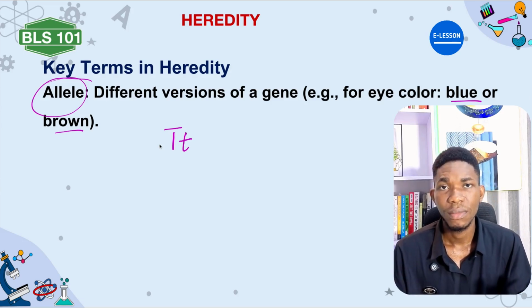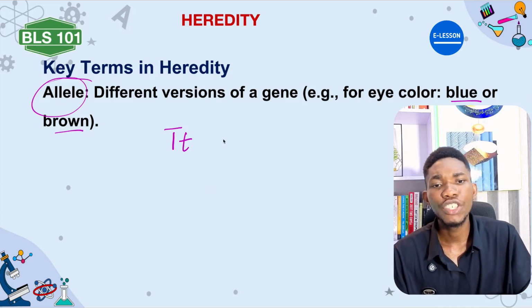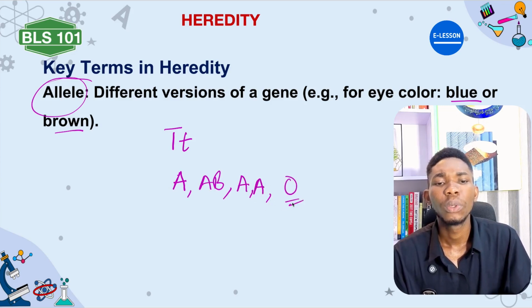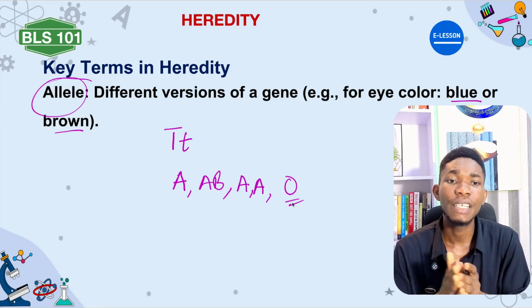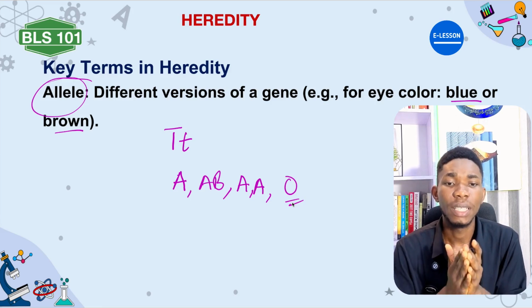Short. That's an allele. Are you getting it? Then for a gene that controls blood grouping, you can either be AB, AA, or what? O. That is what? An allele. The different versions of a particular gene is called the allele.